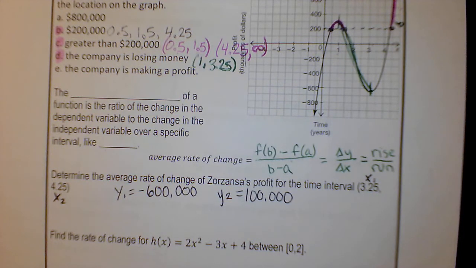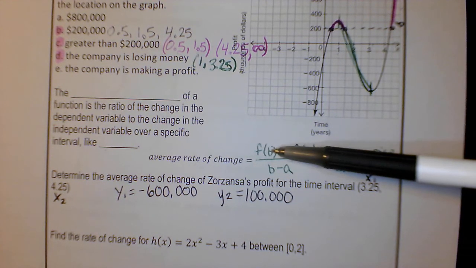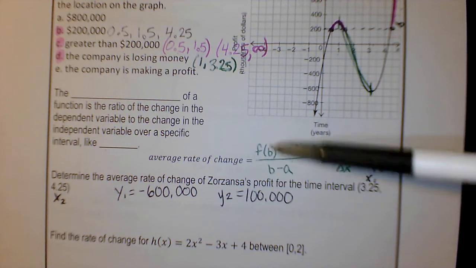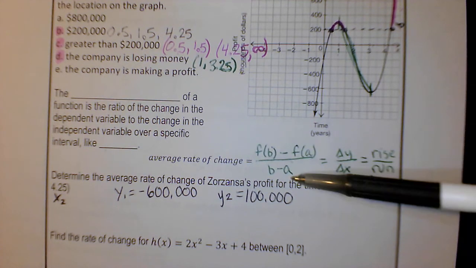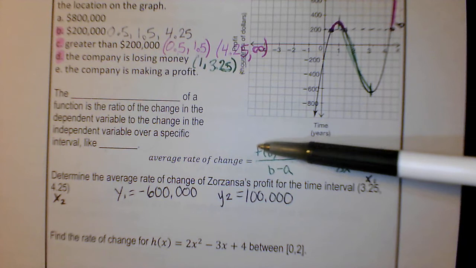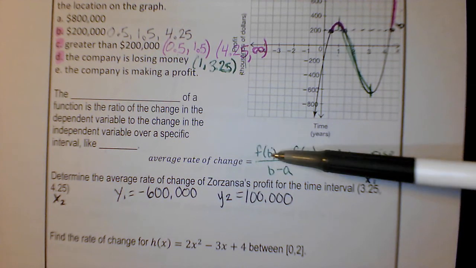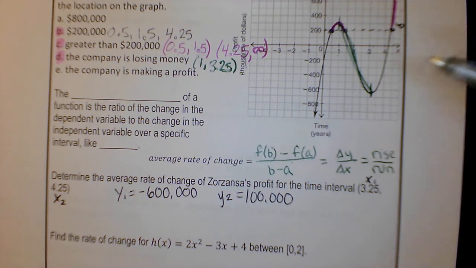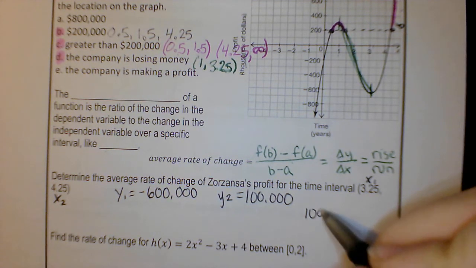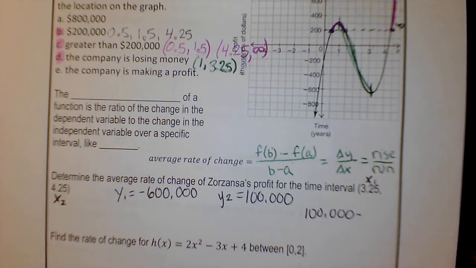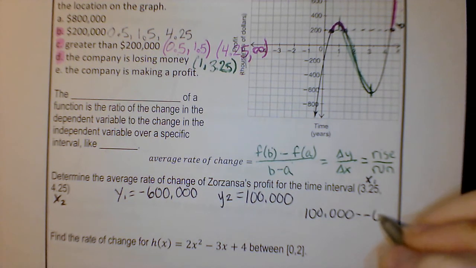The important thing with average rate of change is that these need to line up. So when I say the output at some X value, it doesn't matter which one I use. I'm going to use this one. And then obviously my other Y value needs to come next.